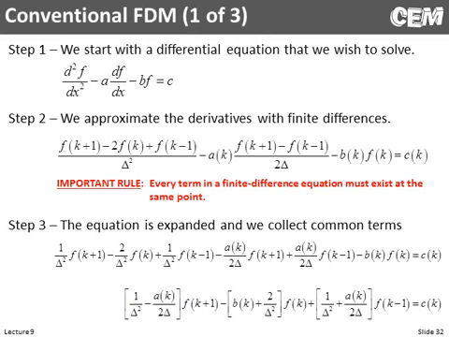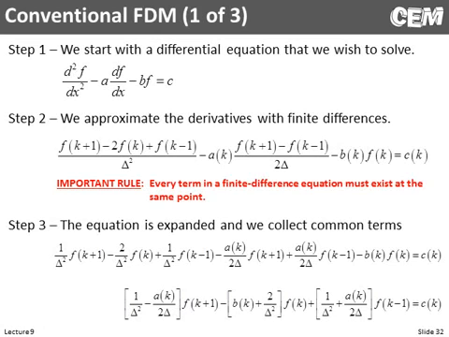So we need to make sure that this first term calculates a derivative at k. This second term calculates a derivative at k. This third term calculates a quantity at k. And this last term over here calculates a quantity at k. So all these quantities now actually exist at the point k. That is a valid finite difference equation.